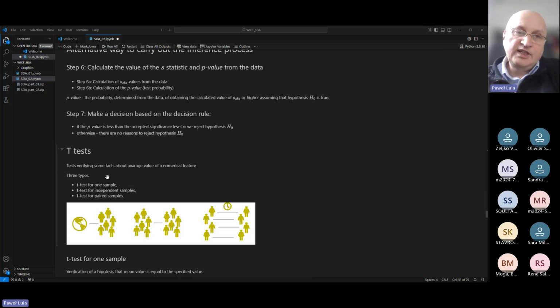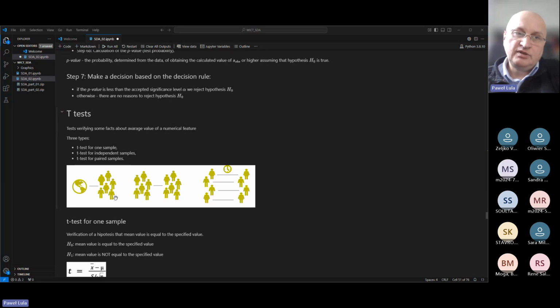There are three types of t-tests: t-test for one sample, for two samples, and for one sample in which every member of this sample was observed in two moments of time. First, about one sample.